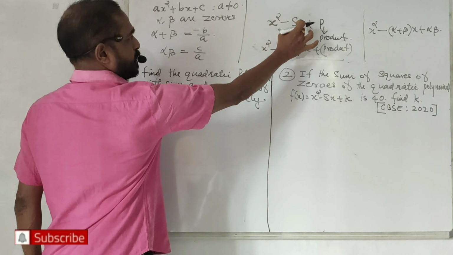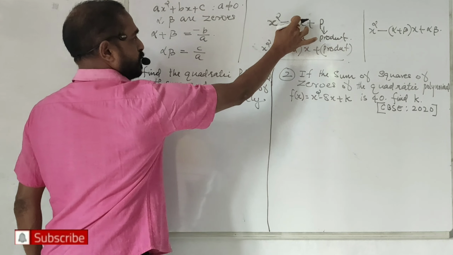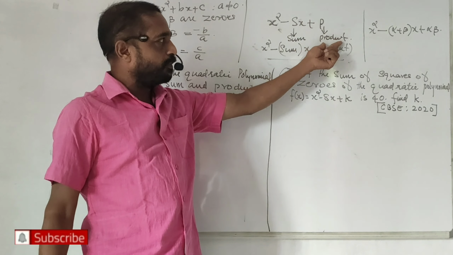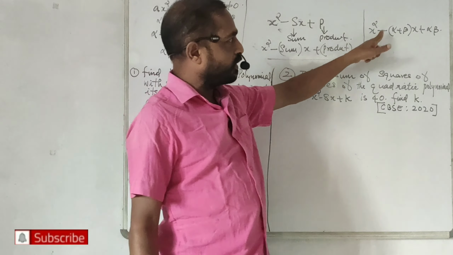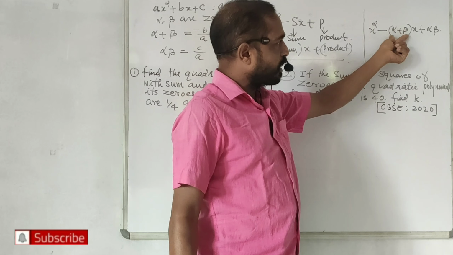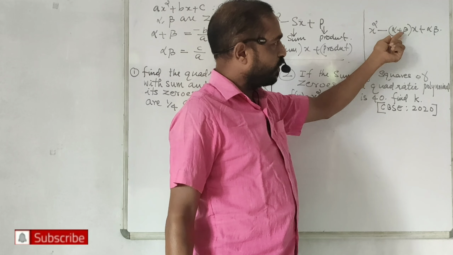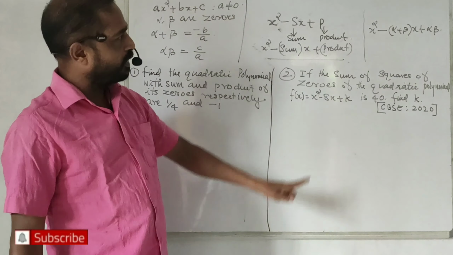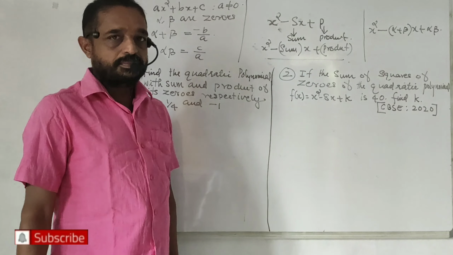X square minus sx plus p, where s is the sum of the zeros and p is the product of the zeros. That is, if alpha and beta are the zeros, x square minus, sum is alpha plus beta, or s, into x plus alpha into beta, the product, which is denoted by p.